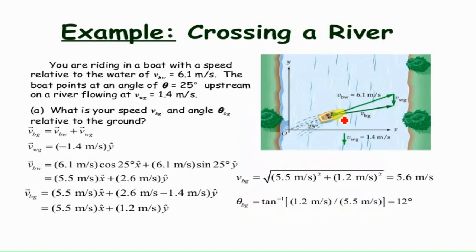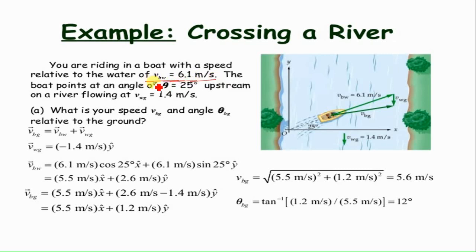Such type of problem of relative motion is considered in the next slide. Here this is the river, and the boat is moving inside the river. So here a problem is given. You are riding in a boat with a speed relative to the water. The velocity of the boat is given as 6.1 meters per second.